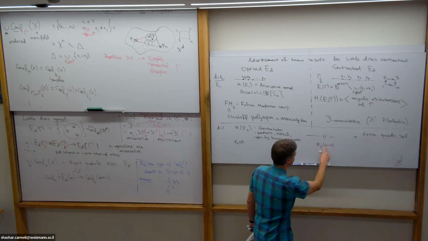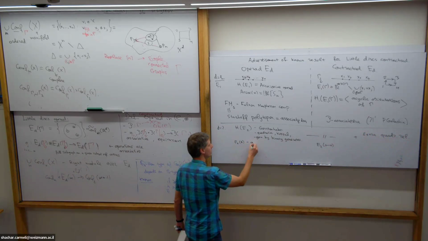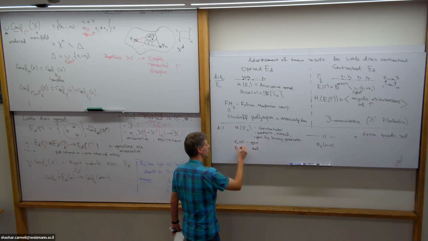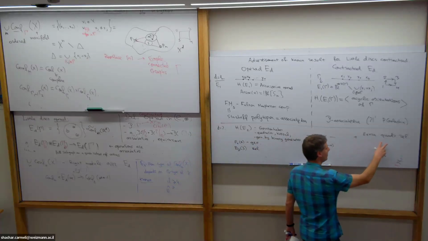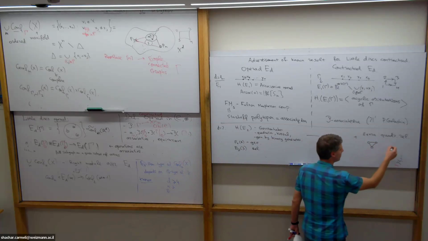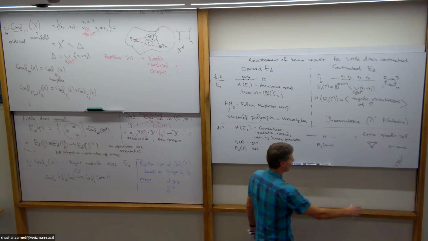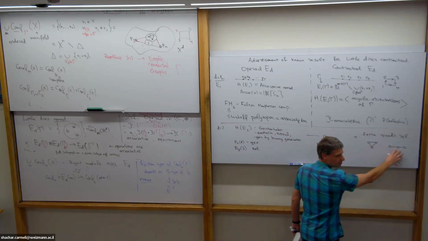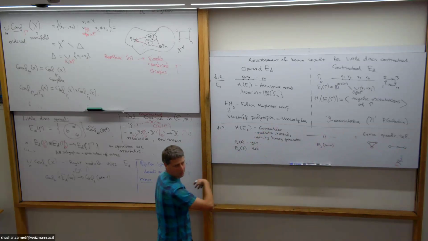The relations are in E2 of 3. When you have 3 points, I have 2 simple connected graphs. One of them is the complete one and another one is this one. For this one you have to add this kind of relations to this story, and then the claim is that you still get everything.